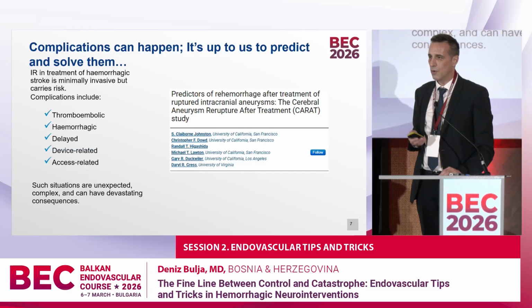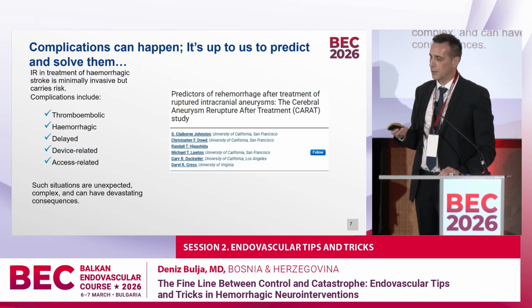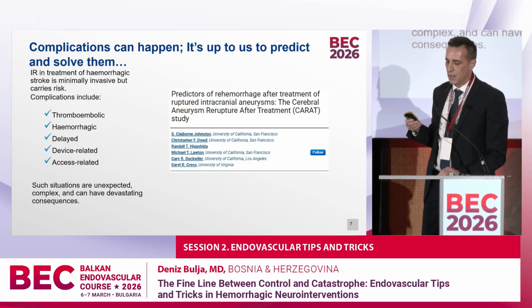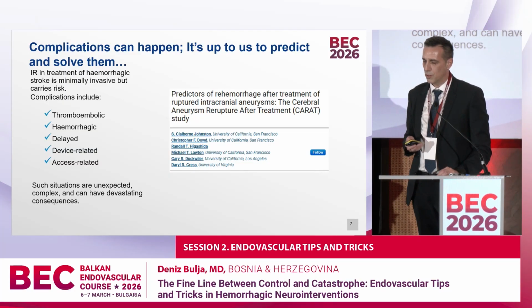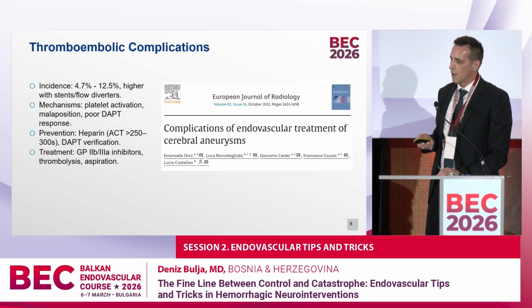And yes, they occur, but you have articles. This article was written by some neurosurgeons who are not performing neurointerventional procedures. In current studies, they tend to exaggerate the percentage of complications.